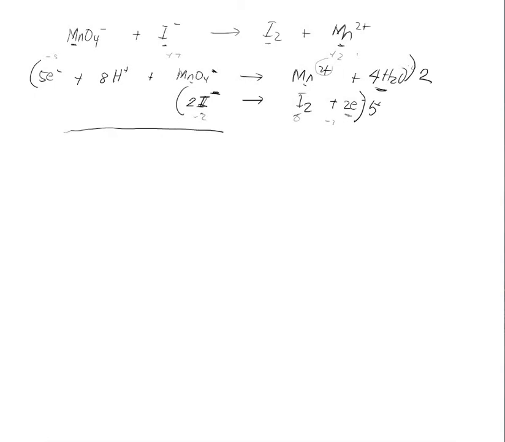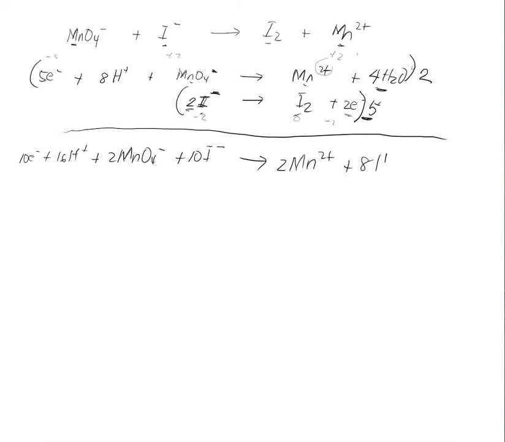So if i-total na natong tanan, distribute tanan, 10 electrons plus 16H plus 2 MnO4 minus, nya plus ari na punta dire 5 ani times 2, so that's 10 iodide to form duha ka Mn2 plus, 8H2O plus that's 5 ka I2 plus 10 ka electrons.